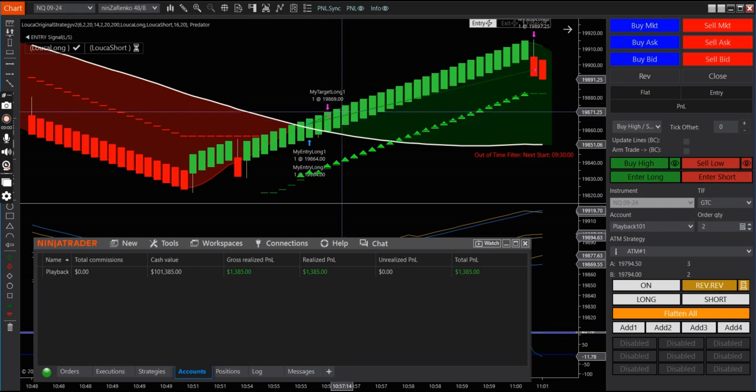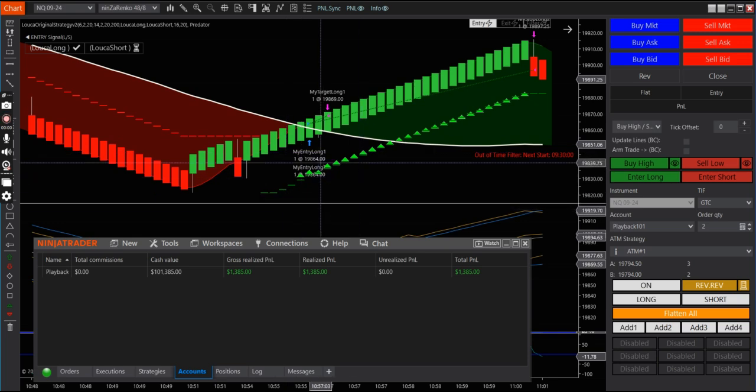So once you get the signal candle to go long, the open of the new candle has to be higher than the open of the previous candle. That's the setting that I changed.